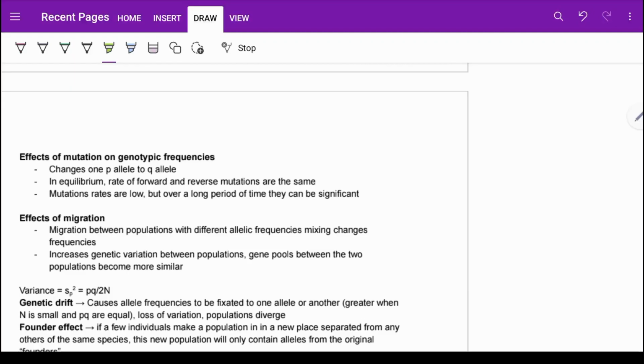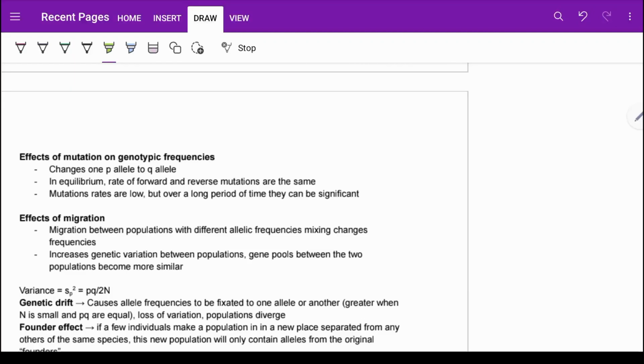We also have the effect of mutation on genotypic frequencies. When we think of mutation in regards to genotypic frequencies, that just means that one P allele, the dominant allele, is transformed into one Q allele, the recessive allele. Usually in Hardy-Weinberg equilibrium, the rates of forward and reverse mutations are similar enough that they cancel each other out.